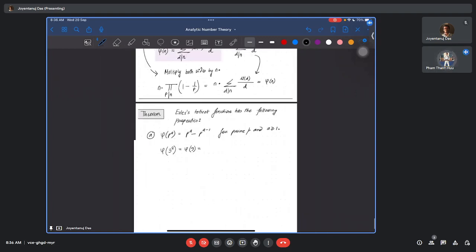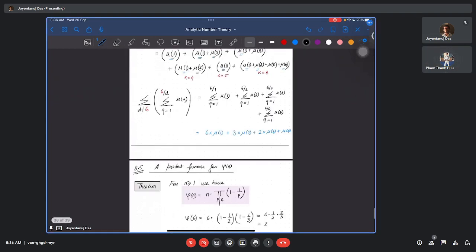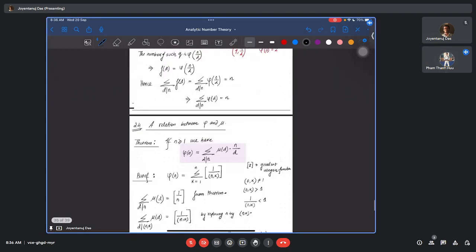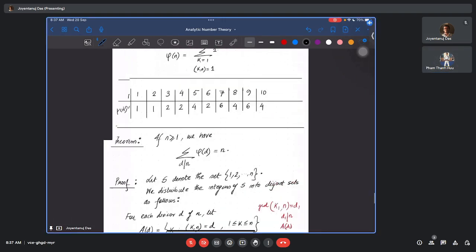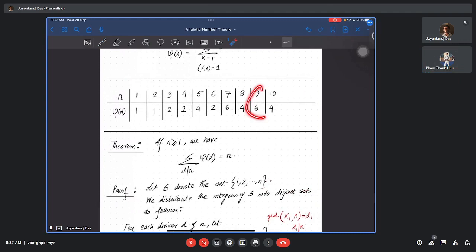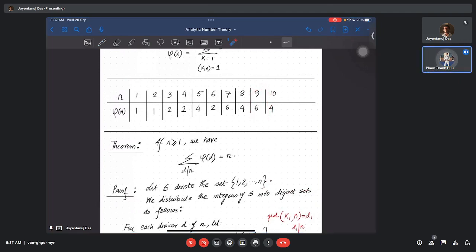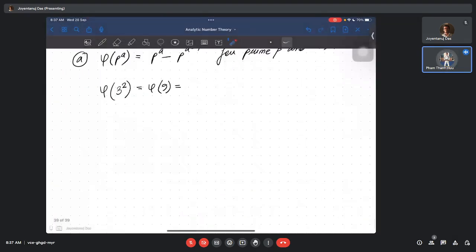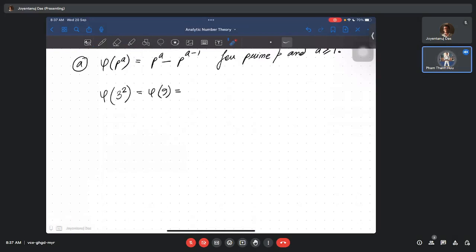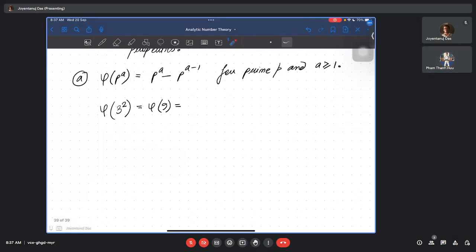We calculated it, right? Phi of 9 is 6. It is the count of k from 1 to n coprime to n. Phi of 9 is 6.